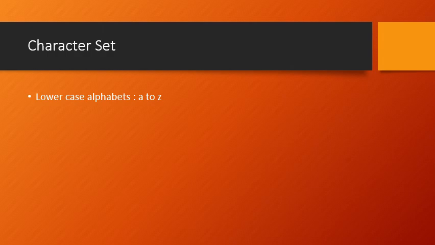Why have I mentioned lowercase alphabets? Because lowercase and uppercase are different in C. If I write a lowercase a, that lowercase a is different from an uppercase A. So lowercase and uppercase alphabets are different.